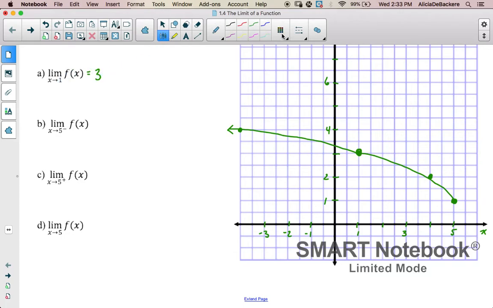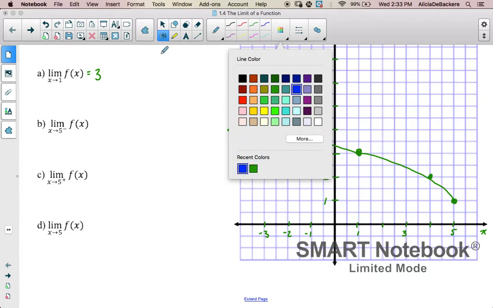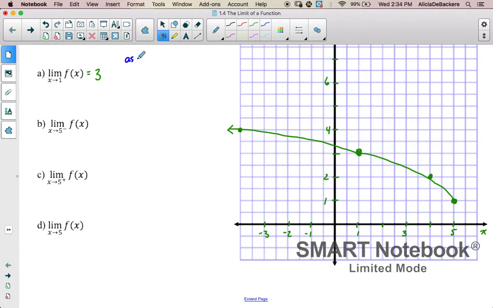And so I'm just going to write off to the side here what I was thinking so that you've got that. So as you get closer to x equals 1 from the left, this is important because it's got to be both.